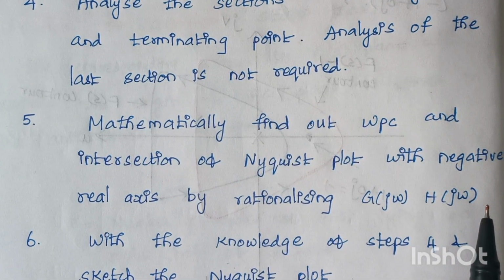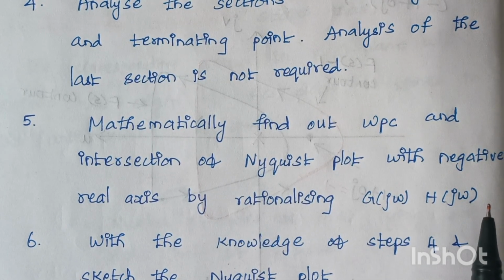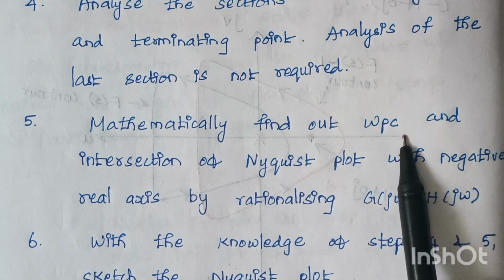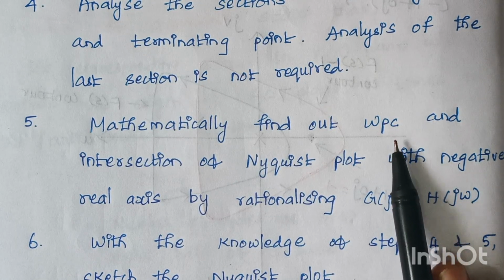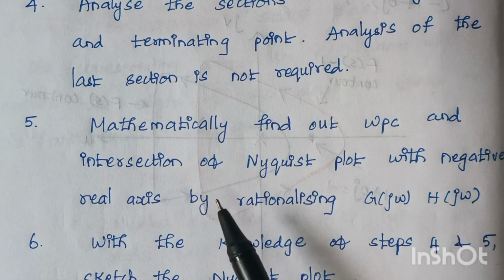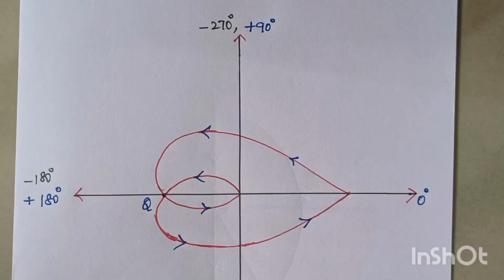Right. Once the magnitude and phase angle are found, it is very easy for us to find this omega PC. Once omega PC is found, then it is easy for us to find the intersection point on the negative real axis. Right. So this I will explain with a diagram.